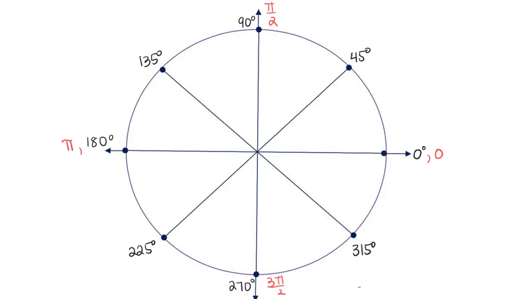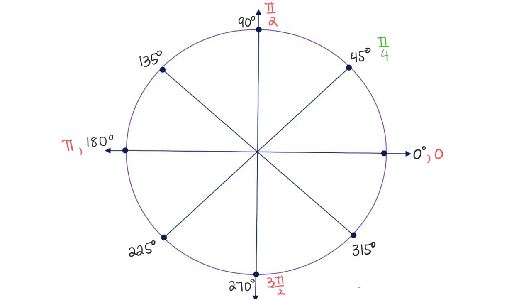Okay, now let's consider those other 45-degree marks. This is when I split the pi over 2 into 2 pieces, so now I have 1, 2, 3, 4 pieces. So these are pi over 4. From here to here is pi over 4, and I go in this direction. So this is 1 pi over 4. This is 2 pi over 4, which simplifies to pi over 2.